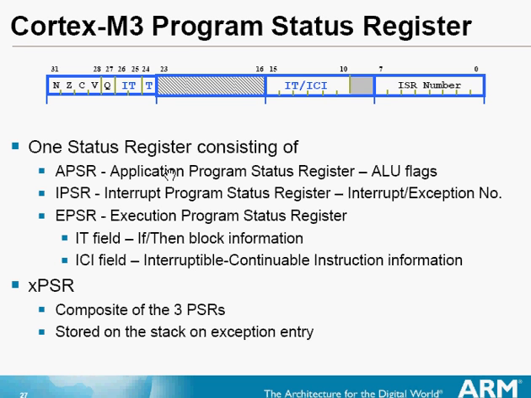Bit 30 is Z. If it is 0, the operation result is not 0, and if it is 1, the operation result is 0. Similarly, C is for carry, V is for overflow, and Q is the sticky saturation flag. If it is 0, it indicates that saturation has not occurred since reset or since the bit was last cleared to 0. And bits 26 to 0 are reserved.